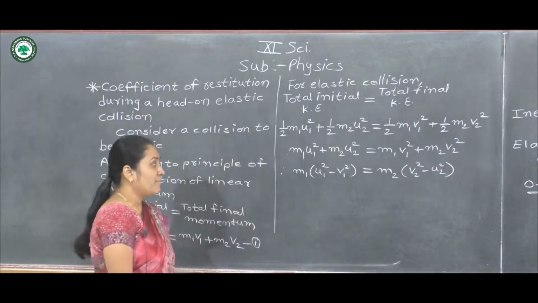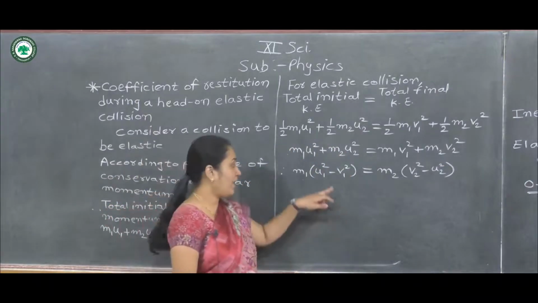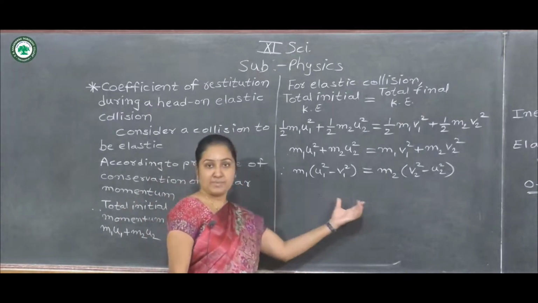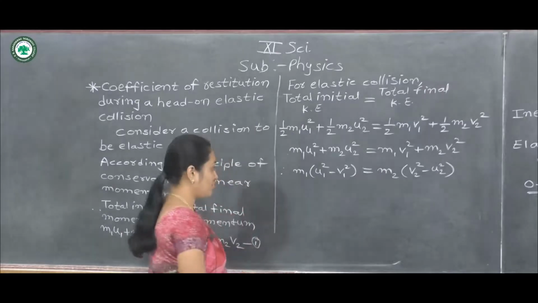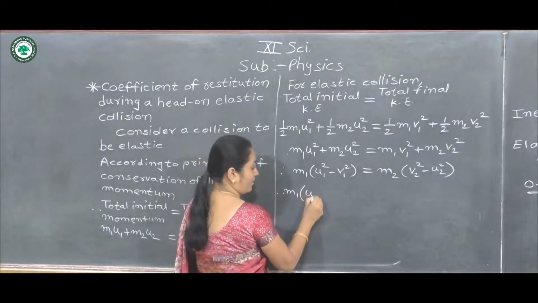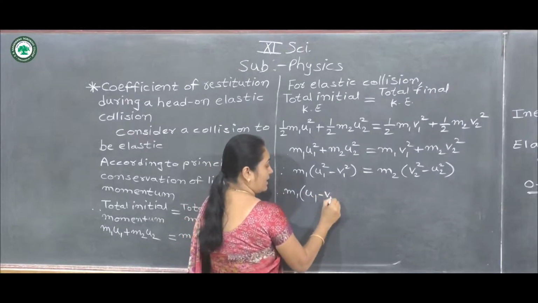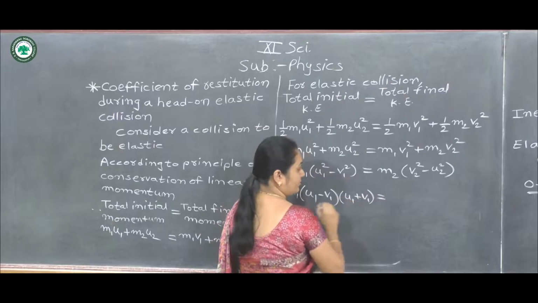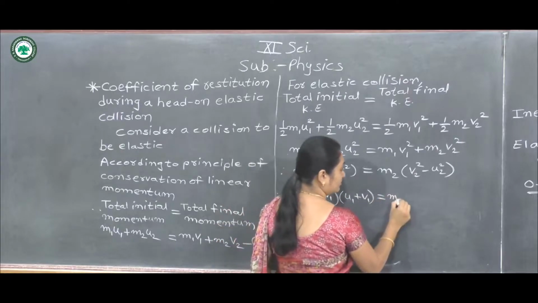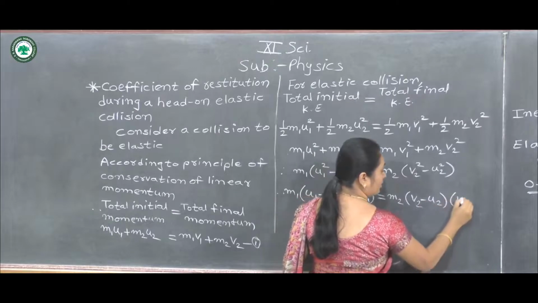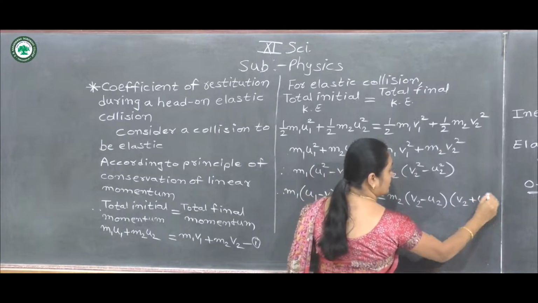Now by using the formula a square minus b square is equal to a plus b into a minus b, we can write here u1 minus v1 into u1 plus v1 is equal to v2 minus u2 into v2 plus u2.